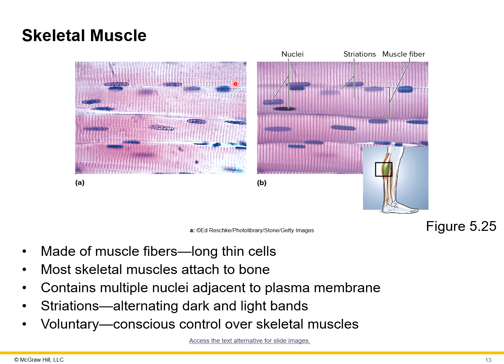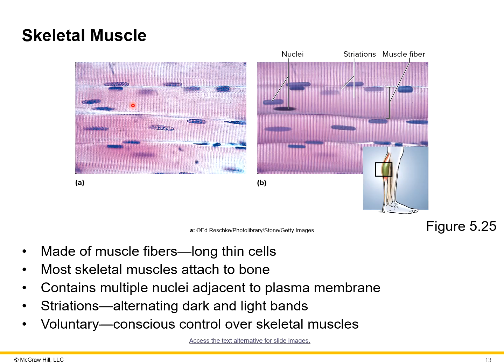So when you're looking at this picture in A, this is one cell, right? This is one long, skinny cell. Over here on the right, this is also one long, skinny cell. All of those dark purple stains are the nuclei.